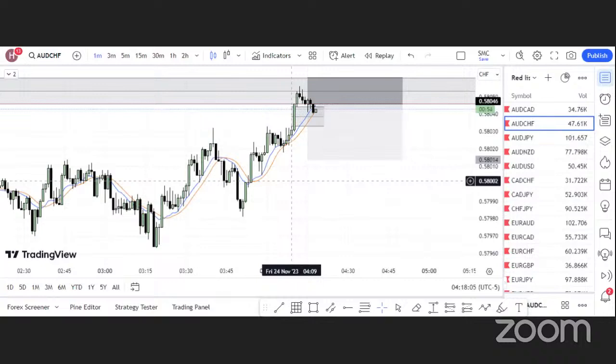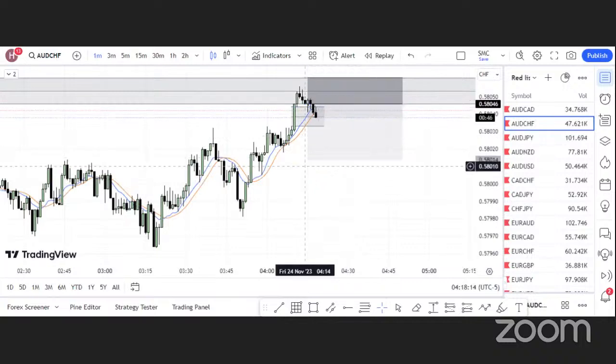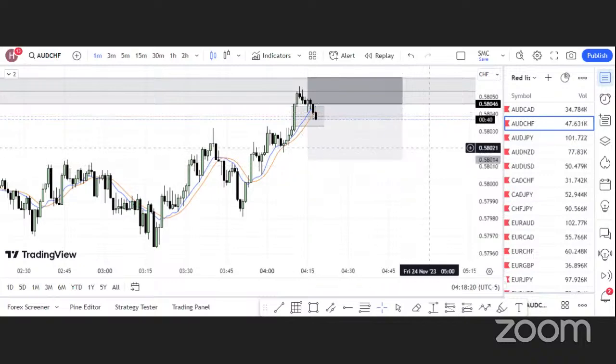Do we have a moving average crossing? No. All right, we are getting the moving average crossing right now. So guys, please get your account ready.